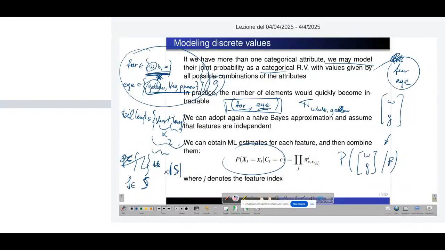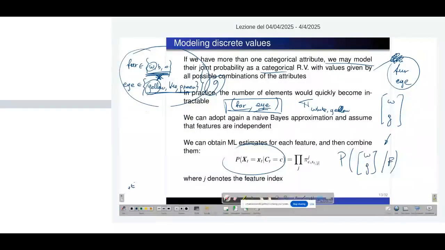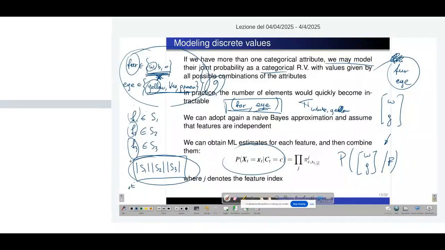So if I have n features, f1, f2, f3, and so on, for example fur, eye, tail length, each of these takes values in a set S, then the number of combinations that I need to consider is the product of the size of each set. So it grows exponentially as I keep adding features. So it's not something that I can do if I have more than 2, 3, maybe 4 features, because soon I will have too many parameters with respect to the vectors that I have.